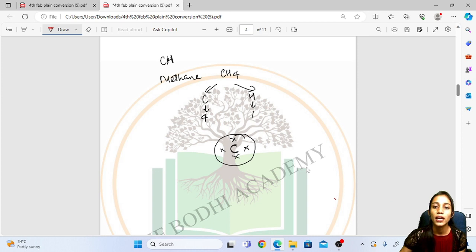So in this case, you can take 4 hydrogens over here which will share the 4 electrons of carbon. You cannot just take 1 hydrogen, but you can take 4 hydrogens over here to satisfy the valency.